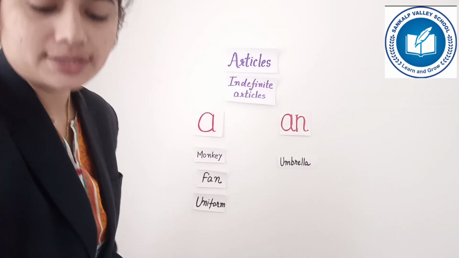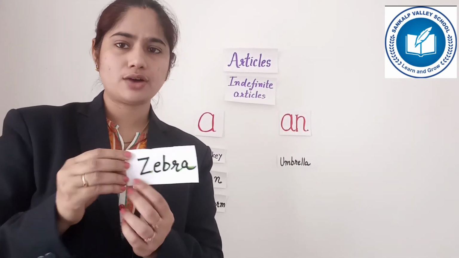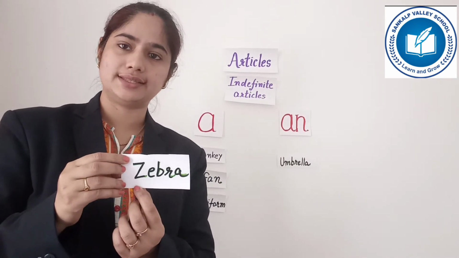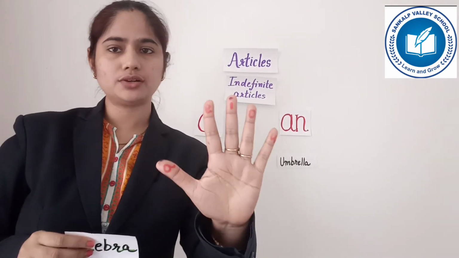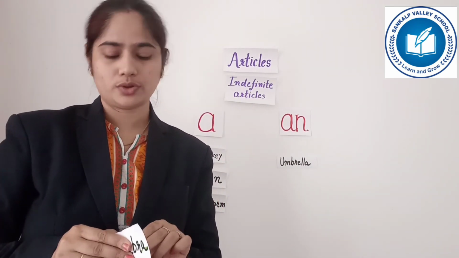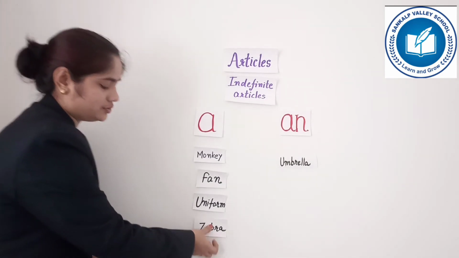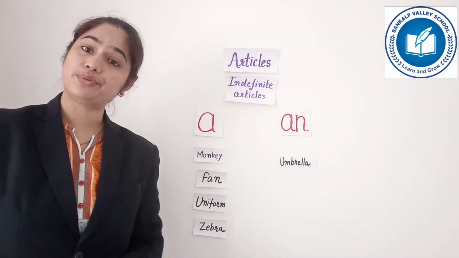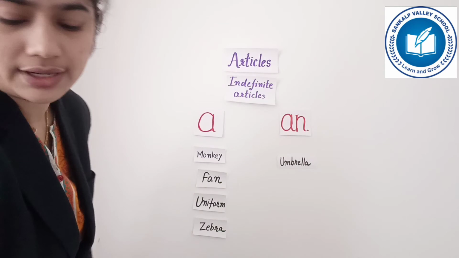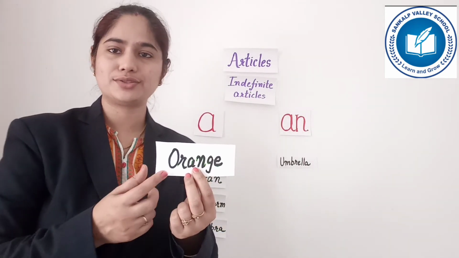Now next one is zebra. What is the opening sound of this noun? Z. Is it among these five vowel sounds? No. So we will say a zebra. Now next one, children, I have orange. What is the opening sound?